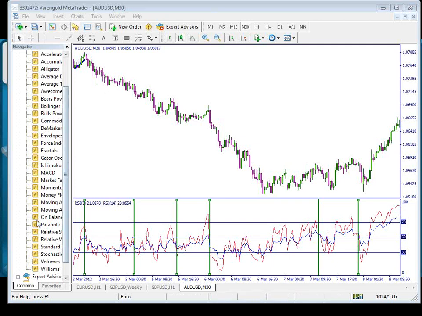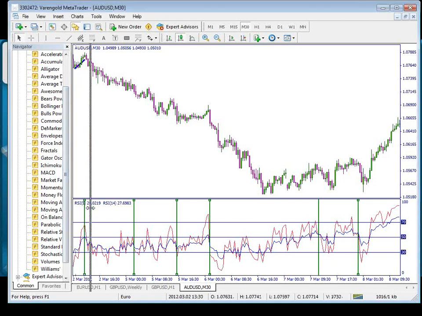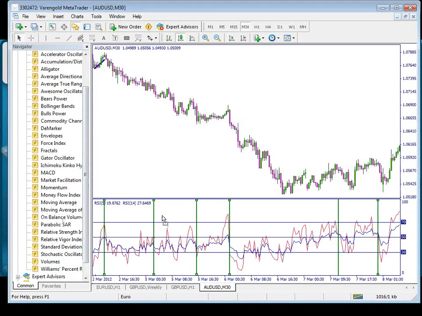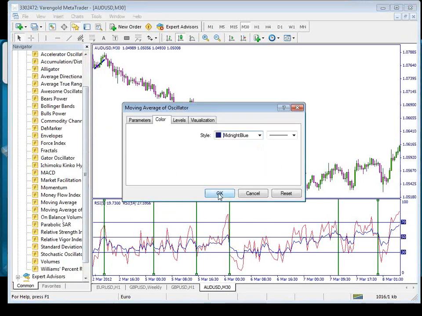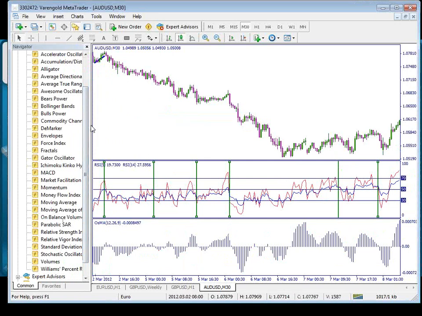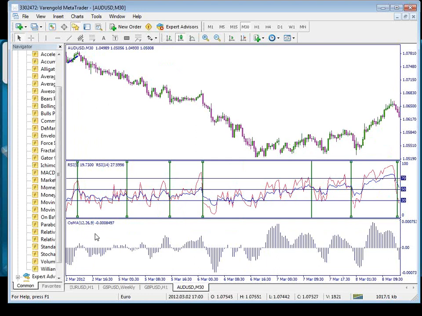I'm using this indicator because it gives me the signal that I have to be prepared to go into a trade.